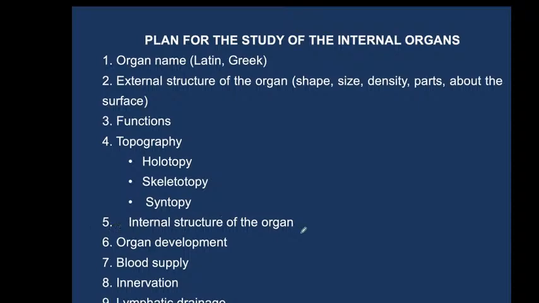The fifth point is internal structure. We would like to know what kind of structure or combination of structures are located inside the organ. Sometimes we describe the layers of the organ for hollow organs, and we talk about structural and functional units.